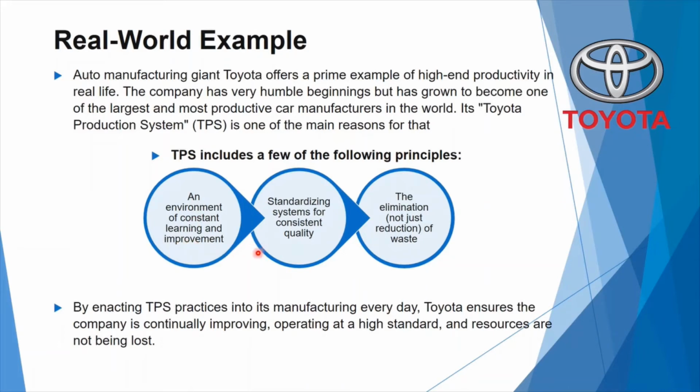The next one is standardizing systems for consistent quality, and the third one is the elimination of waste. The elimination of waste, not just reduction of waste, elimination of waste. By enacting TPS practice into manufacturing every day, Toyota ensures the company is continually improving, operating at high standard, and resources are not being lost.